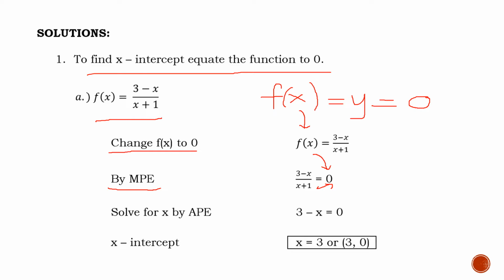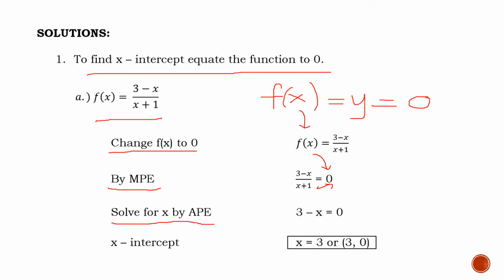And we just multiply x plus 1 by 0 by applying your multiplication property of equality. So it's a cross multiplication between your x plus 1 and 0. Now, solve for x by applying your APE. APE is the addition property of equality.